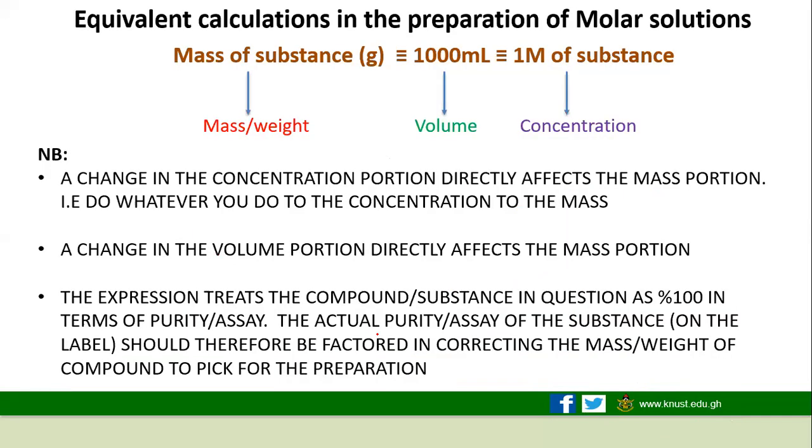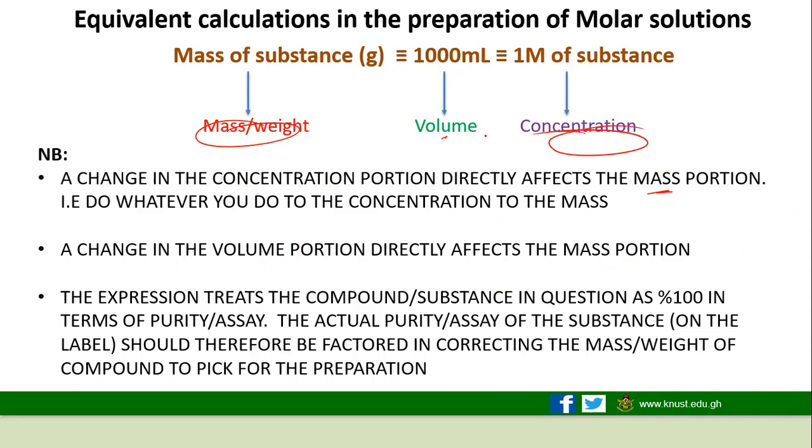Now, we are seeing that the mass of a substance in 1000 ml produces 1 mole of a substance. There are things we have to note when we are doing this equivalent calculation. If you change the concentration here, it will directly affect the mass, but the volume will not be affected.